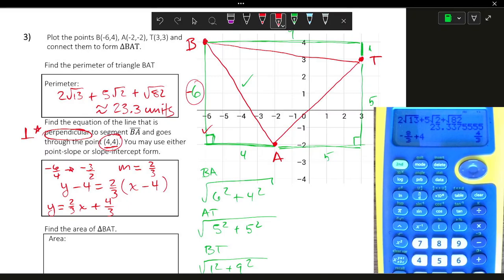In fact, if I wanted to check it, it has to go through 4, 4, which is right here. And I could go, I'm out of room, but I could go down 2 and then backwards 3, and again down 2 and backwards 3.